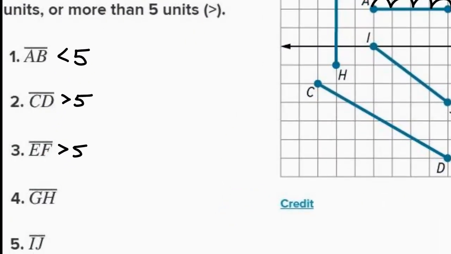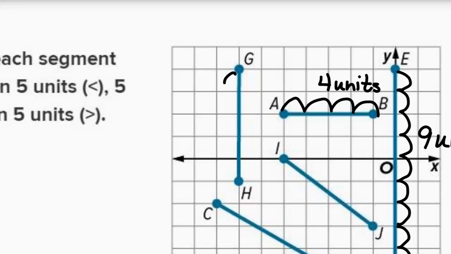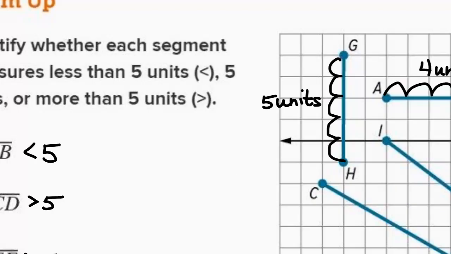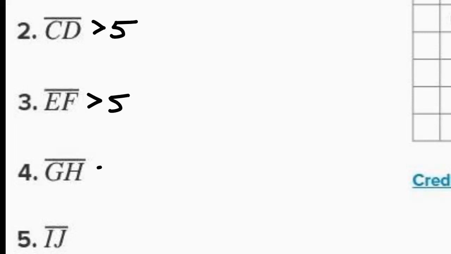What about segment GH, this other vertical one here? Equal to. Let's count that. 1, 2, 3, 4, 5 units. So yeah, GH is equal to 5 units.